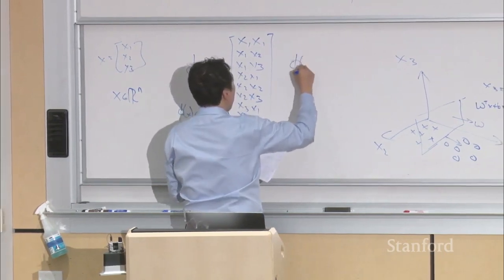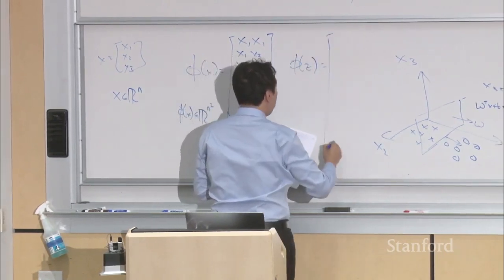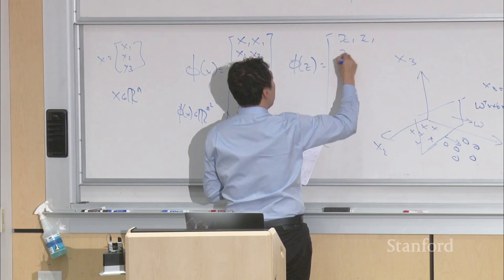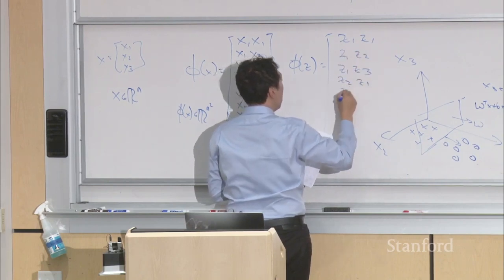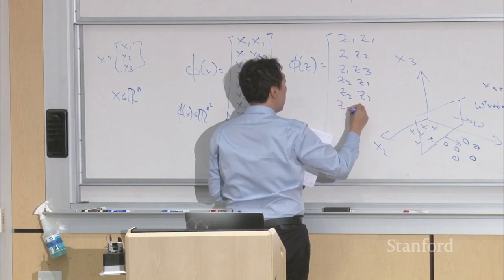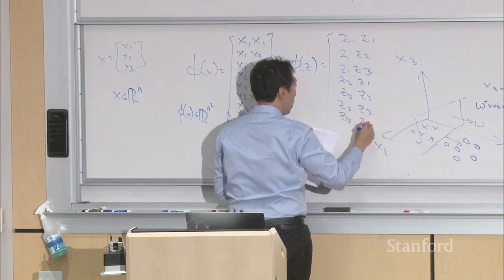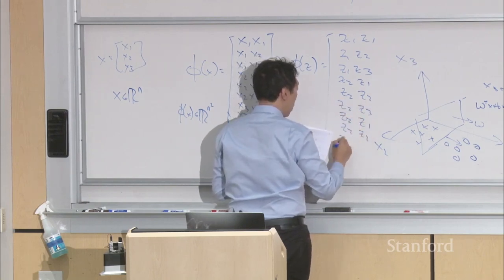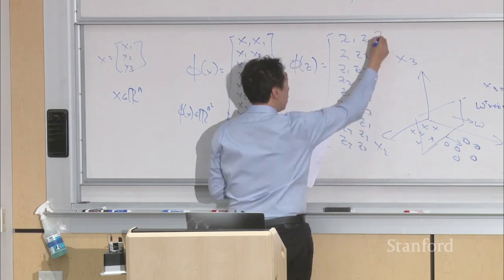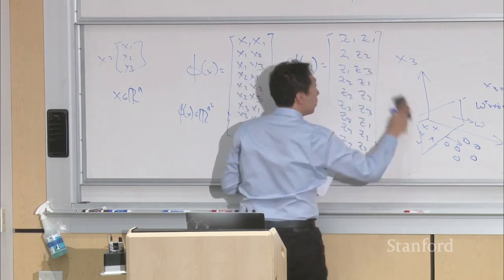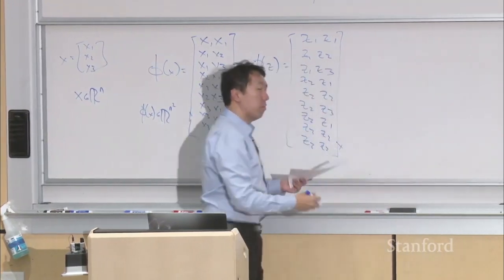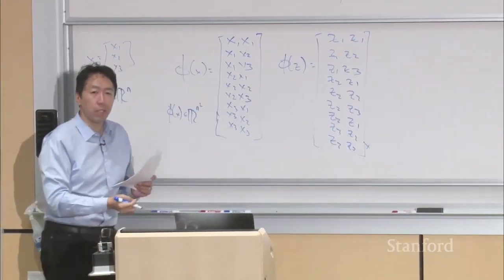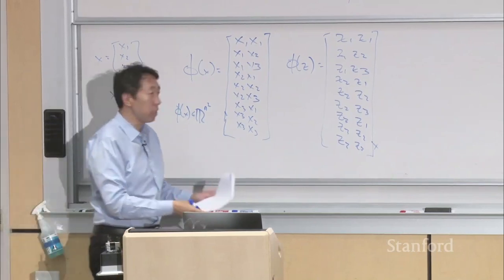And then similarly, phi of z is going to be z1 z1, z1 z2, and so on. So we've gone from n features, like 10,000 features, to n squared features, which would be, in this case, 100 million features.